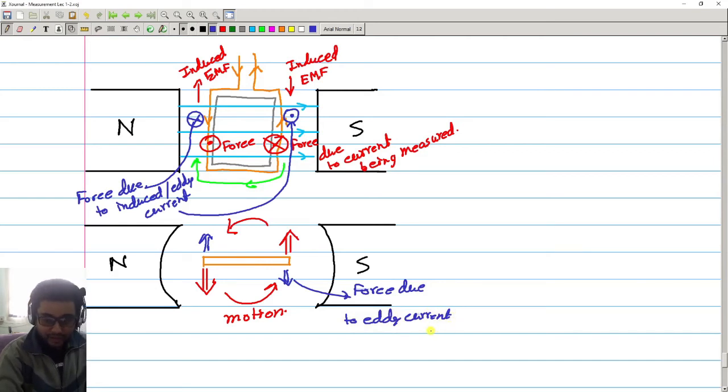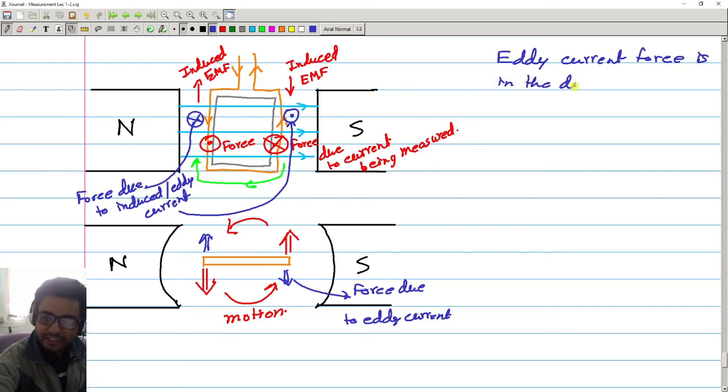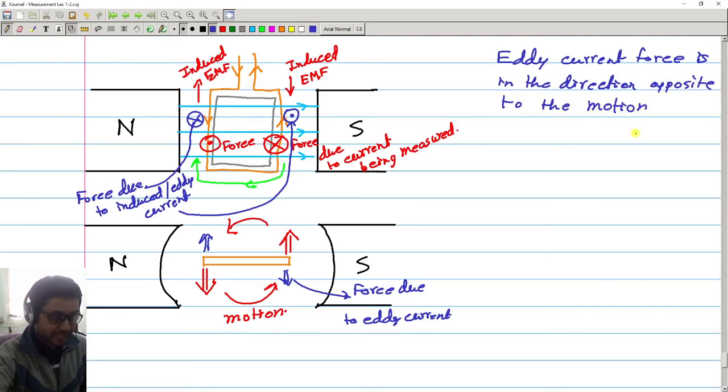This eddy current force is in the direction opposite to the motion, just like viscous drag, just like damping force.